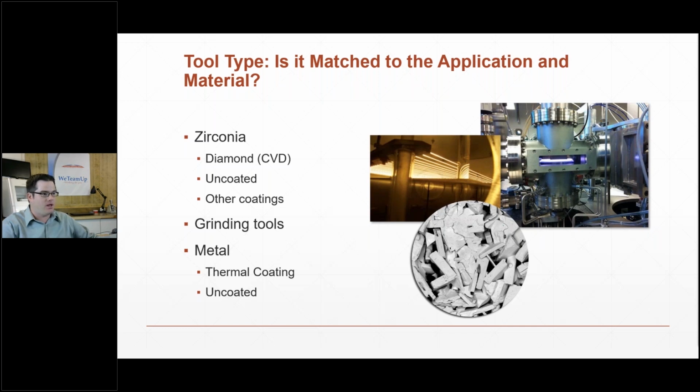You can call a diamond-like coating a diamond coating, but the word you're really looking for is CVD, which stands for chemical vapor deposition, and that's a process where we actually grow a real crystalline diamond.